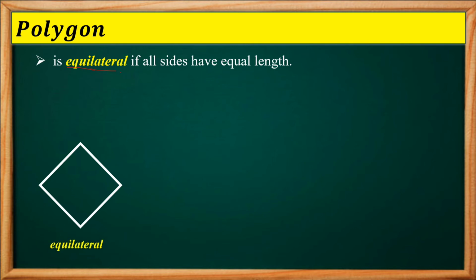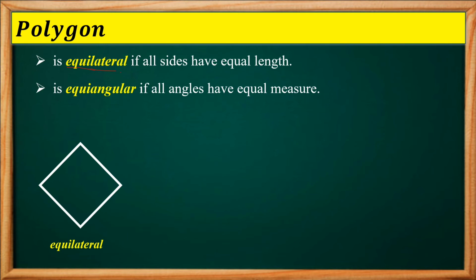It is an example of an equilateral polygon. If this one measures 2 inches, then directly it is 2 inches. This one also 2 inches. Then this one is 2 inches. Those sides measure 2 inches.